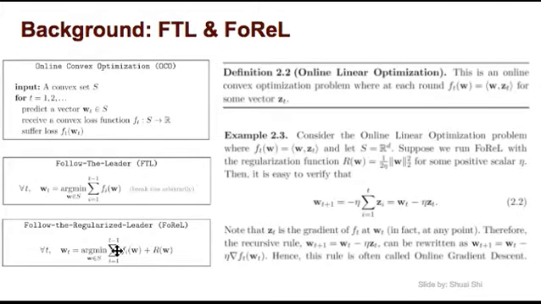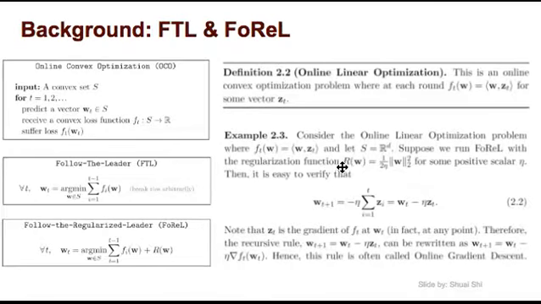So to solve this, we add a regularization term, and then we end up with the follow the regularized leader approach. If we apply this approach to a particular convex optimization problem, online linear optimization, the loss function is not just convex but also linear.